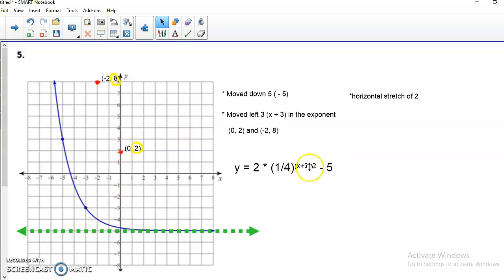That's where my x plus 3 comes in. We discovered that we had a horizontal stretch of 2 because our x coordinate jumped from 0 to -2 instead of 0 to 1. And then we also saw that we shifted down 5 because we have a horizontal asymptote at 5, or -5, I should say. So that's why I knew it was -5. So that is your equation to number 5.